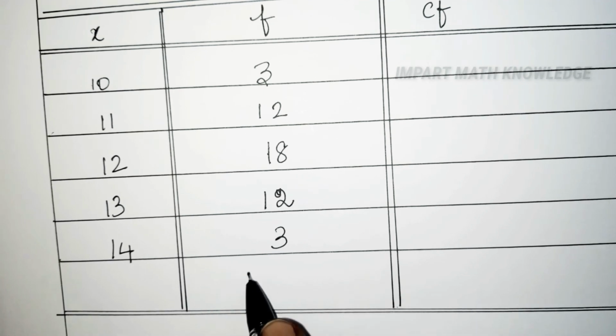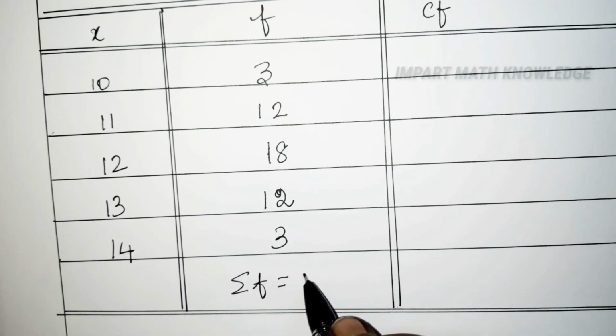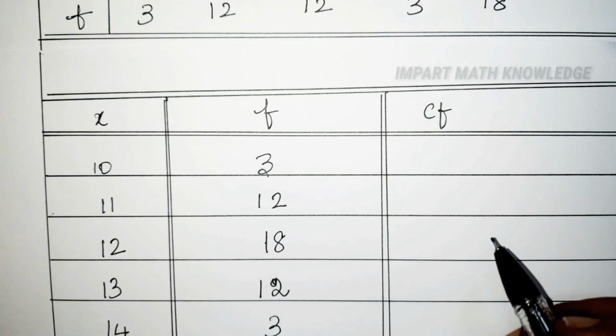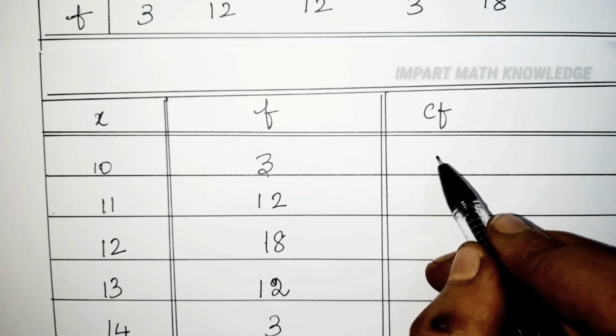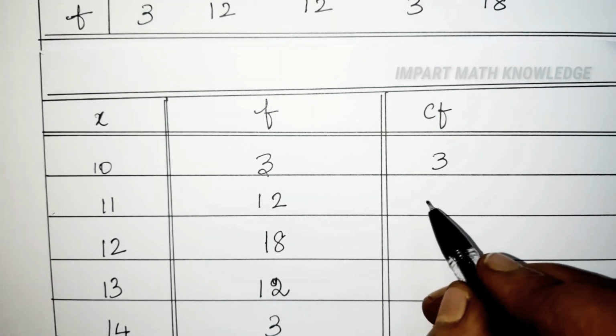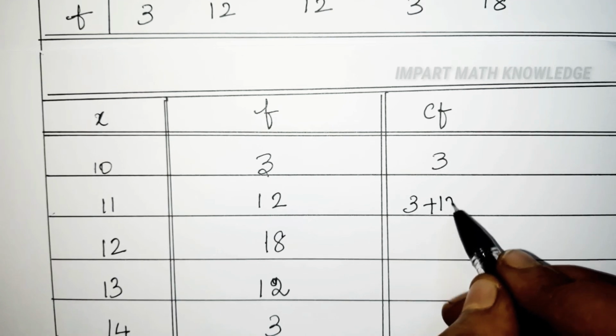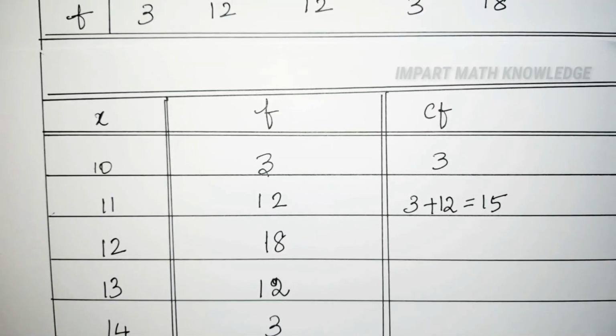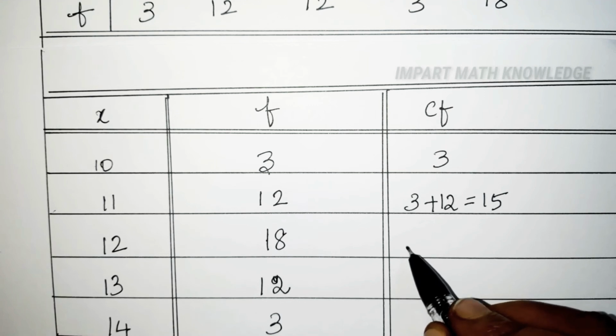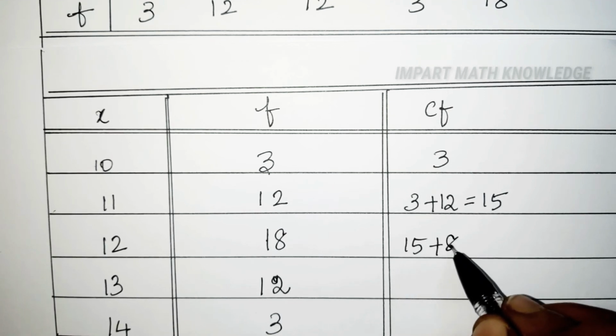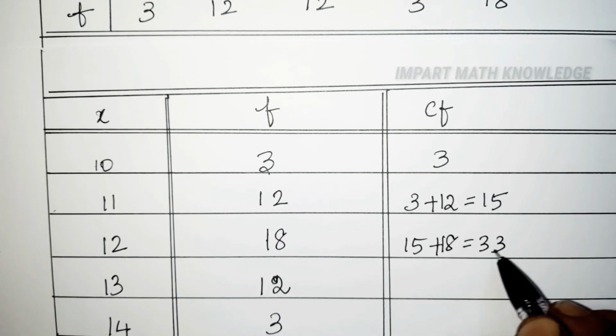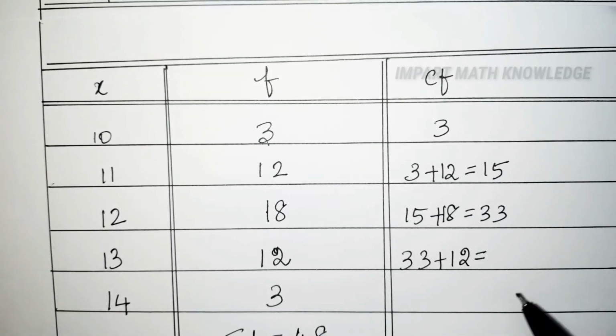The total frequency, sigma f, is equal to 48. The cumulative frequency: the first value is 3, the second value is 3 plus 12, 15. The next one, 15 plus 18, 33. And the next one, 33 plus 12, 45.